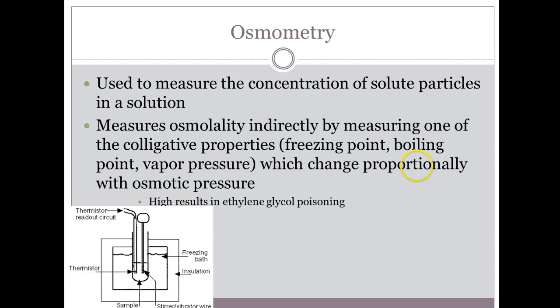It measures osmolality indirectly by measuring one of the colligative properties such as freezing point, boiling point, or vapor pressure. A lot of times we get high results. It could mean ethylene glycol poisoning. So we'll learn how this works in more detail at the end of Chemistry 1. But just know what osmometry is for, to measure the concentration of solute particles in a solution.